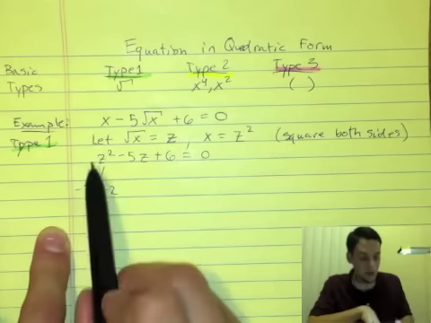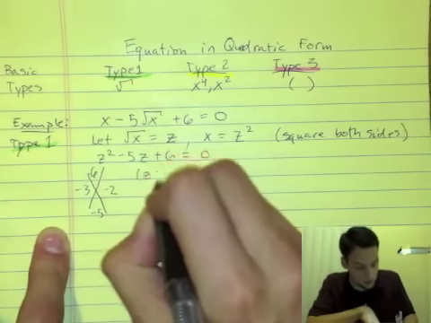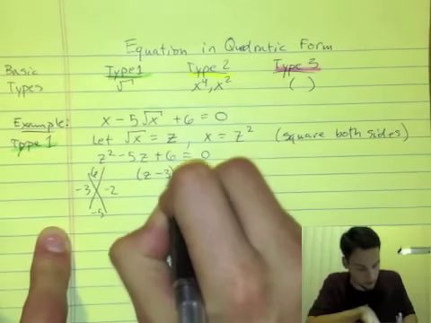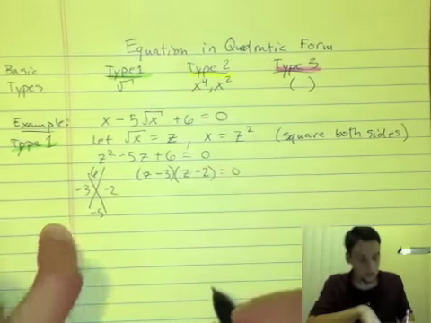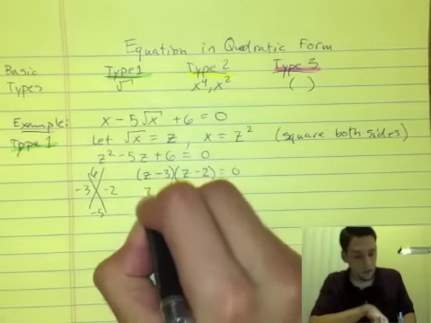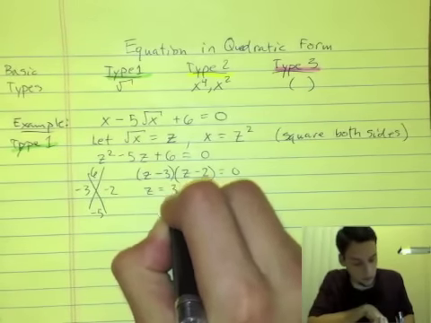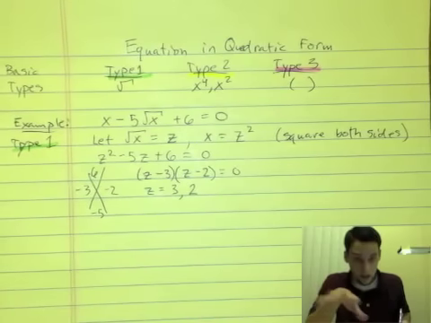Yes. Since we have a leading coefficient of 1, we can use a shortcut. So we'll have z minus 3 times z minus 2 equals 0. Just factored it. And if we set each piece equal to 0, we can solve. Z will equal 3 or 2. But we're not done.